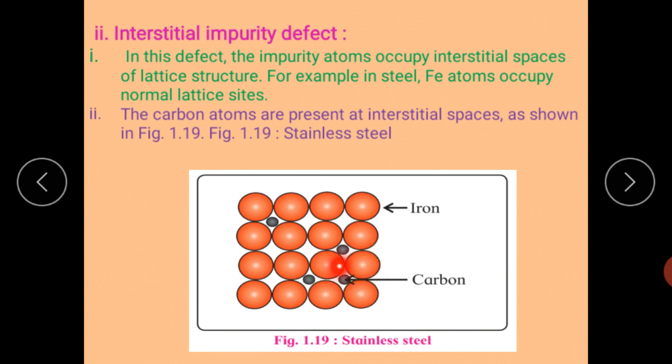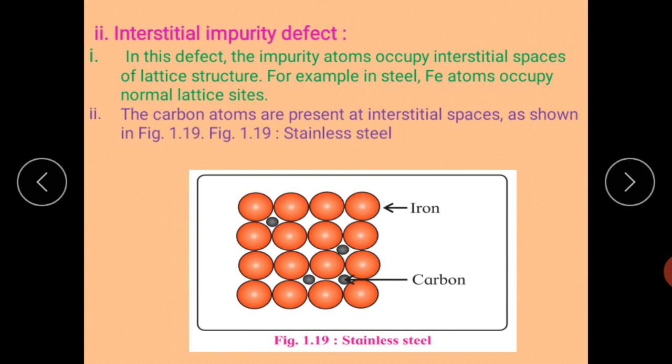This is carbon, this is also carbon, and this whole crystal is iron. In this case, carbon is present at interstitial positions, and stainless steel is an example of interstitial impurity defect.